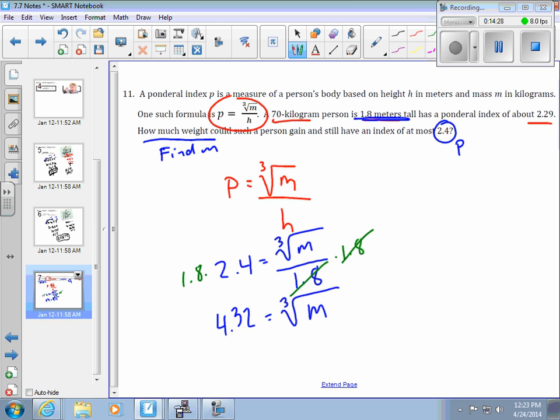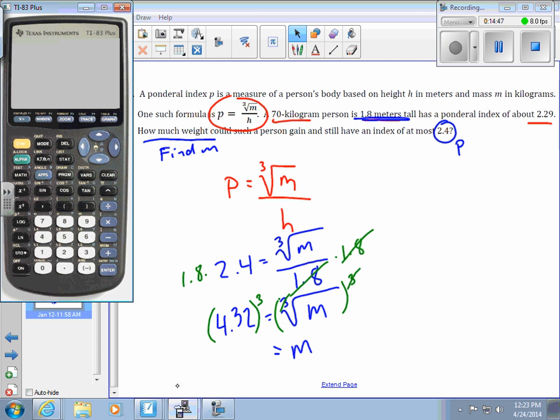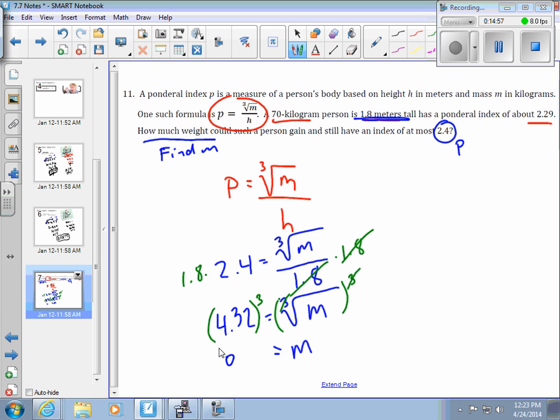Well, just like we did on some of those problems on the front of your worksheet, to undo a cubed root, you want to cube both sides. So we need to cube both sides now, because that'll cancel out and we'll just be left with M. So if you go on your calculator and cube 4.32, you should get the answer. And if we cube that, it looks like we get about 80.62.